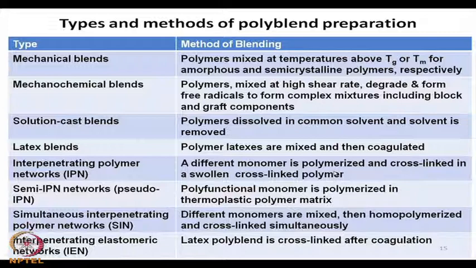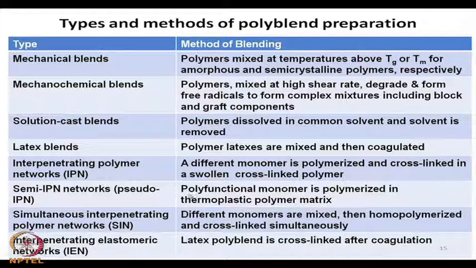So, this way the product which is formed is known as interpenetrating polymer network. There can be a semi interpenetrating network, or we can say a pseudo interpenetrating network polymer.